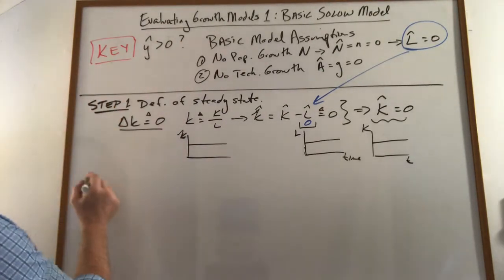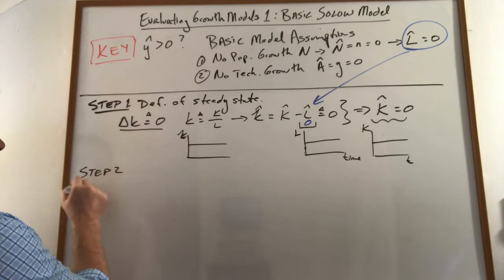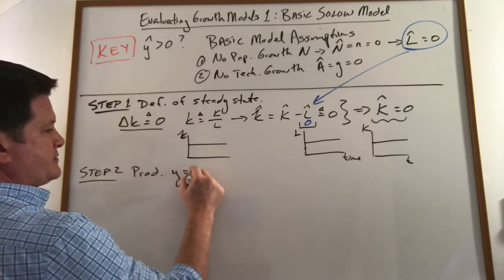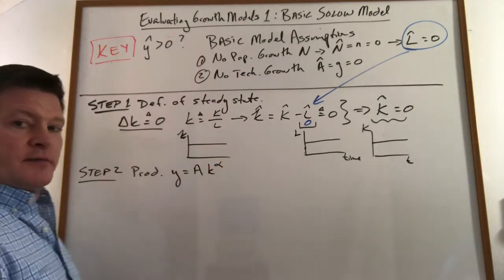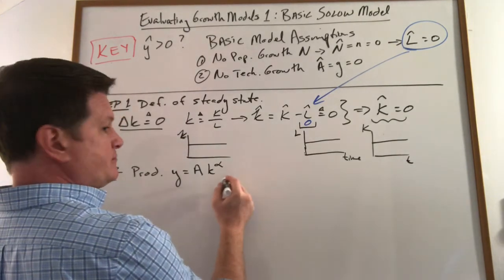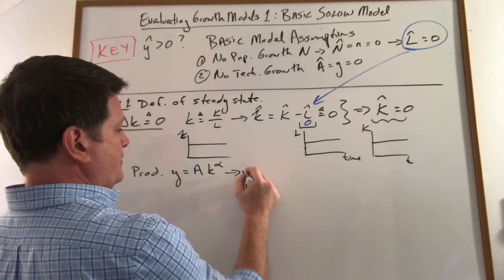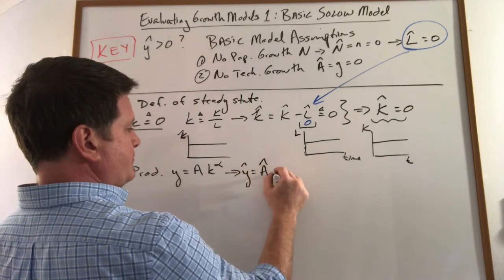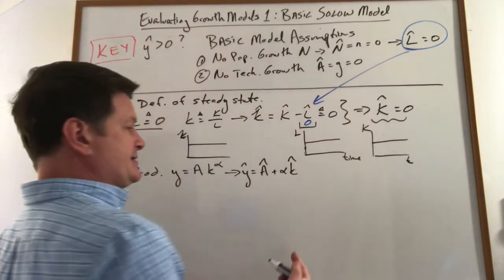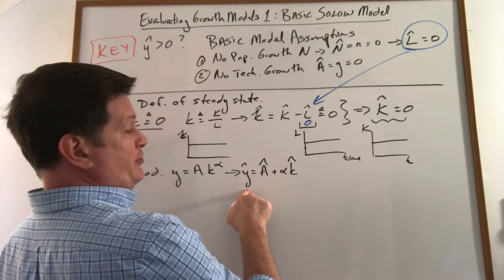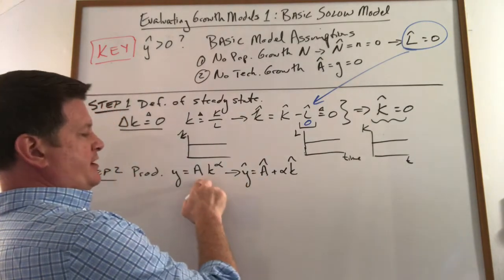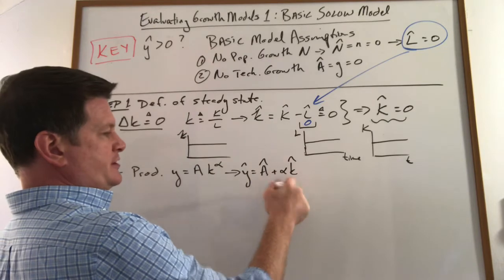Now, step 2 is to look at production. Production is the basic Cobb-Douglas in this economy. I want to convert this into hats to see what's happening to output in steady state. Now, output per worker in steady state, the growth rate is the growth rate of tech plus the growth rate of capital adjusted here.